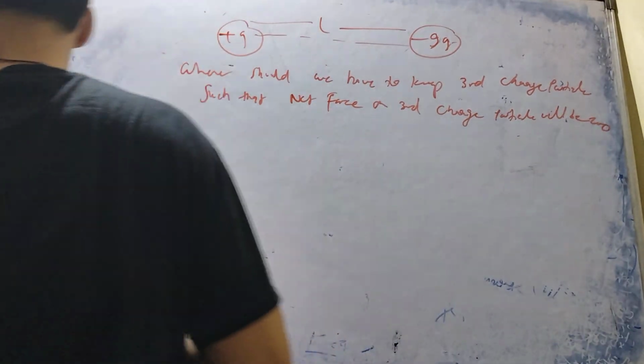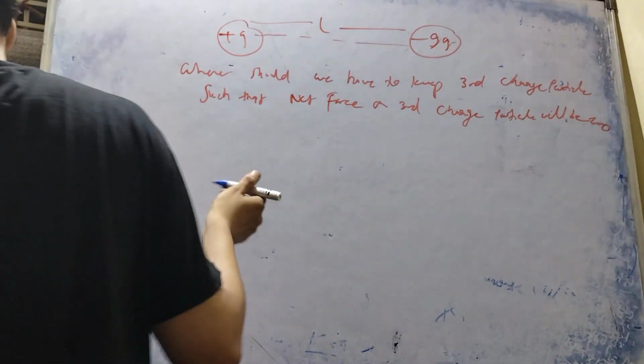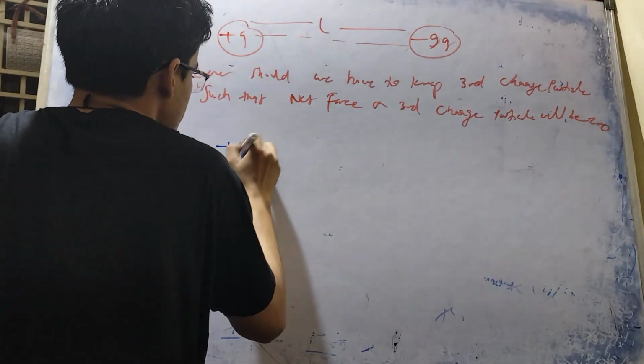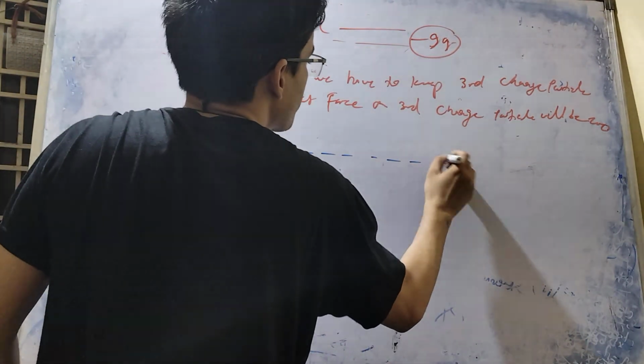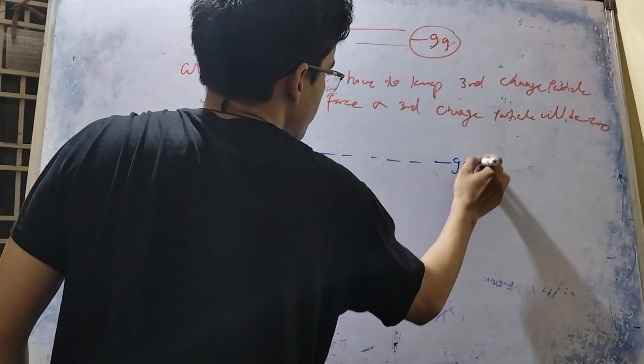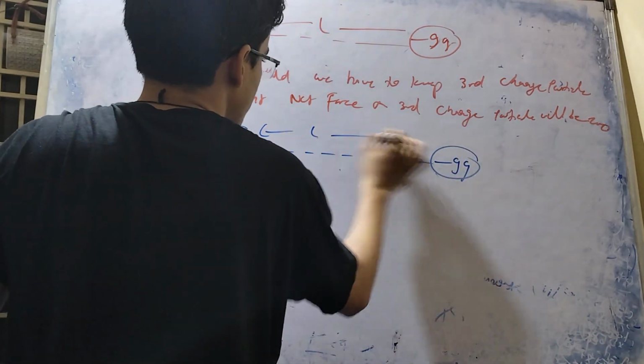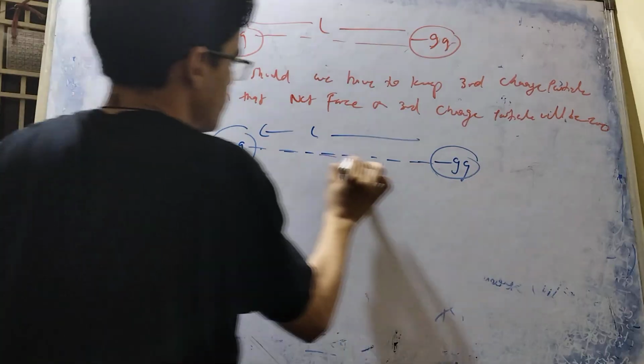Correct. In this case, we can do one thing. Plus Q charge here, minus 9Q charge here. Here also 3 possibilities.